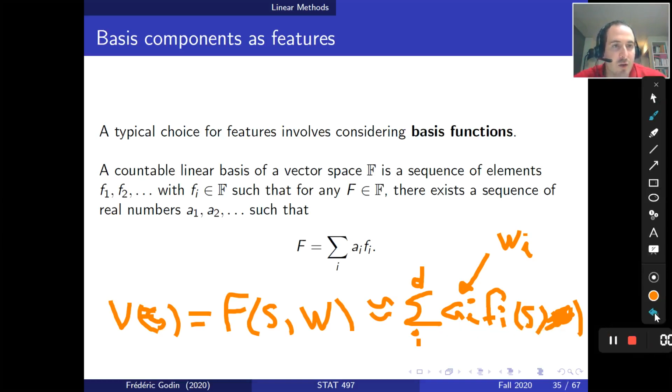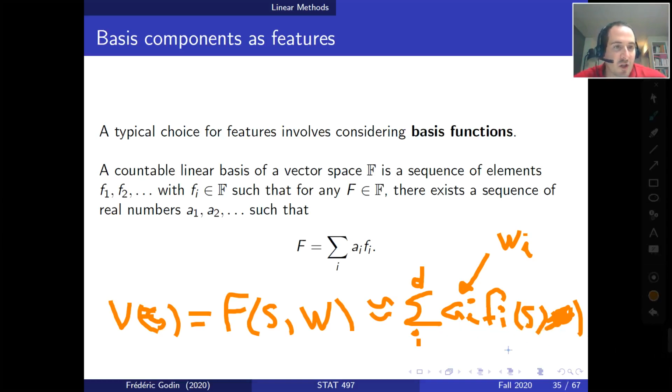We can proceed to use basis functions. For example, the f_i could be monomials, sines and cosine functions, or other sets of basis functions such as wavelets, which can approximate more complicated functions.